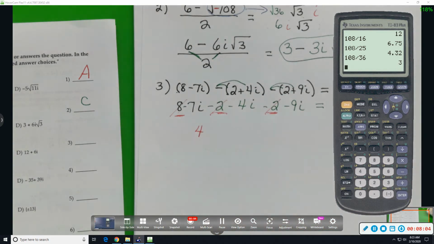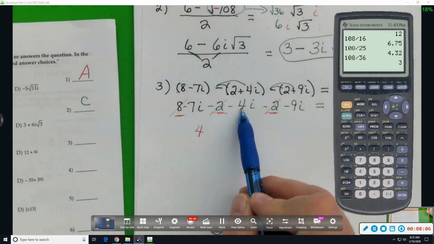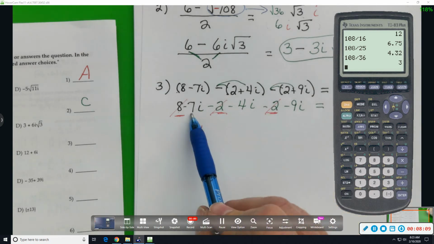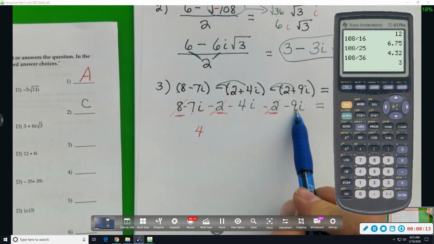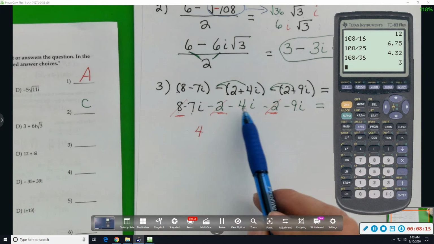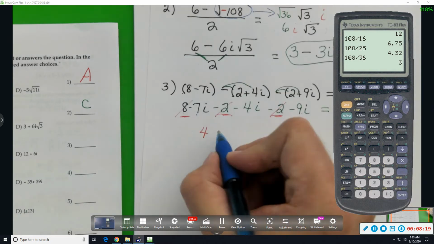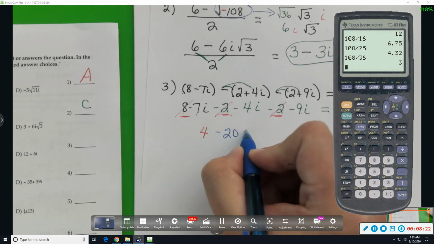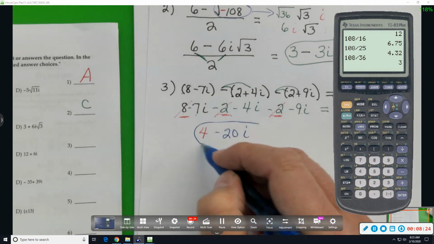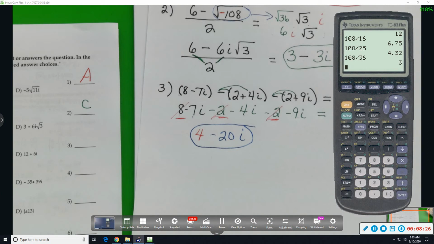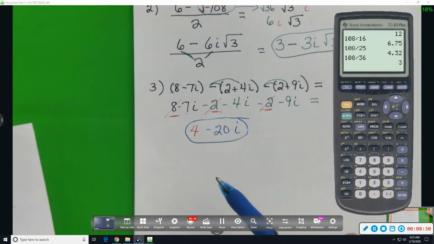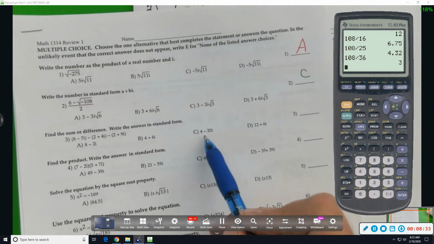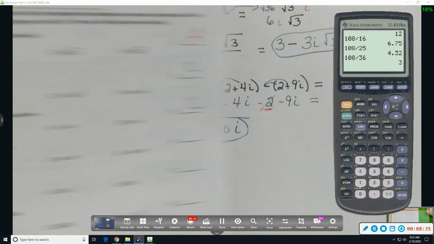Now we'll combine the I terms. Let's see, they're all negative, so I'm just going to say negative 7 plus a negative 4 plus a negative 9. Negative 7 plus a negative 4 is negative 11, plus a negative 9 is a negative 20. I don't subtract the 4 and the 20. At that point, those aren't like terms. So let me see. 4 minus 20i, that's C.